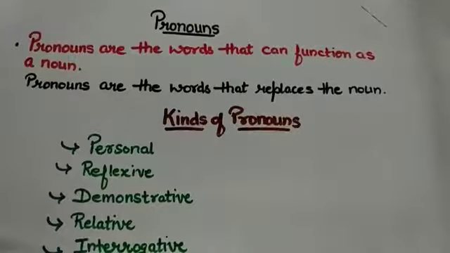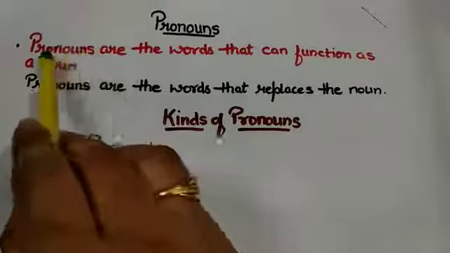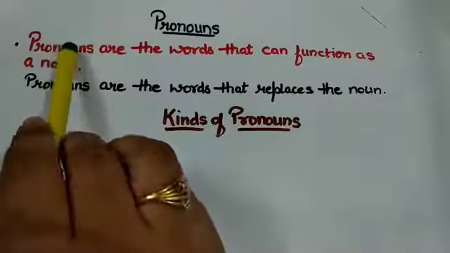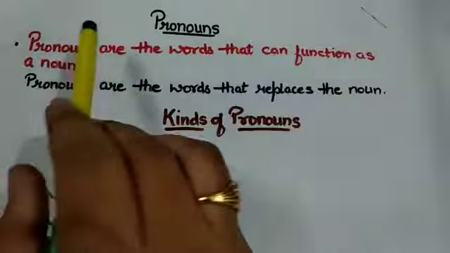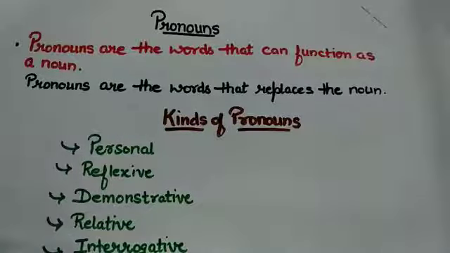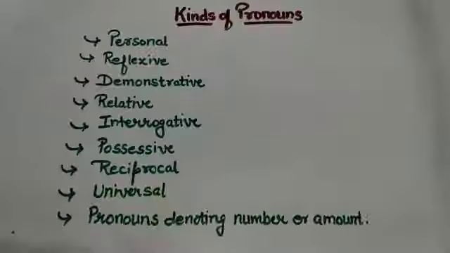So pronouns are the words that function as a noun and save us from repeating the same noun again and again. As you can see in the name pronouns, pro means something which we are using for a noun. Let us do a quick review of pronouns. Basically there are 9 kinds of pronouns.